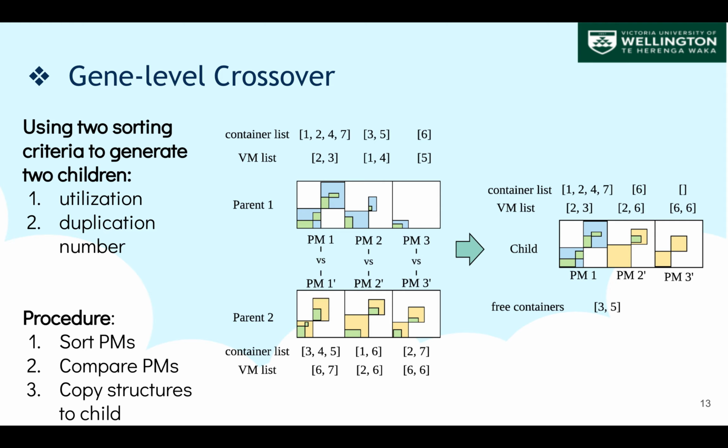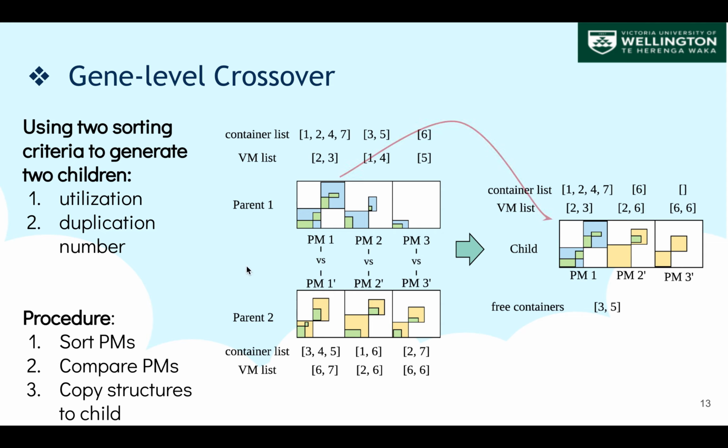The first operator that we proposed is the gene level crossover. It uses two parents. Parent 1 and parent 2 are shown in this graph. The gene level crossover compares each of these PMs from the parents and then copies the winner's architecture or structure into the child based on some criteria like the utilization or the duplication number.